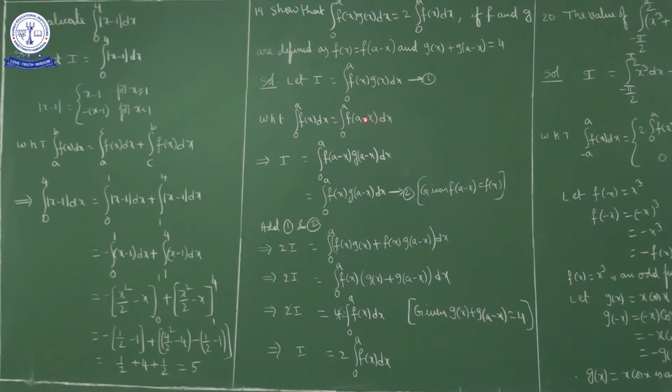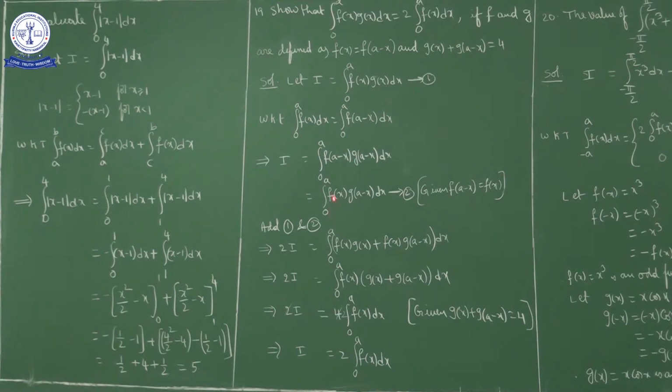That means replace the variable by upper limit minus variable. So using this property, for 1 we get I is equal to integral 0 to a f of a minus x into g of a minus x dx. But what is given? f of a minus x is equal to f of x, given, no? So in place of f of a minus x we can write f of x.